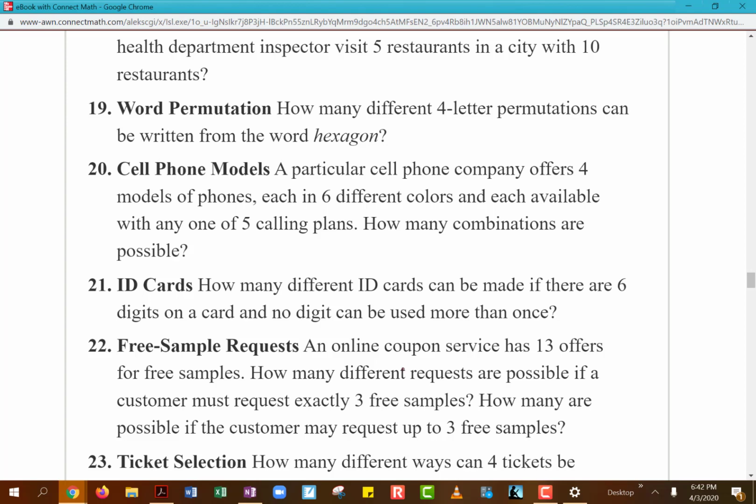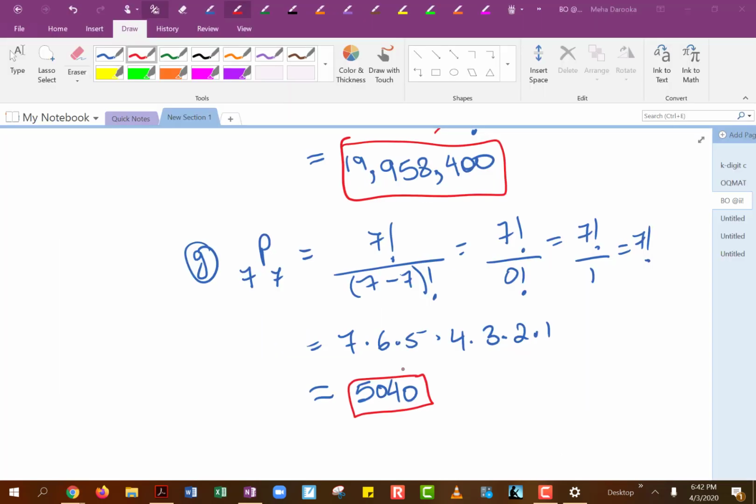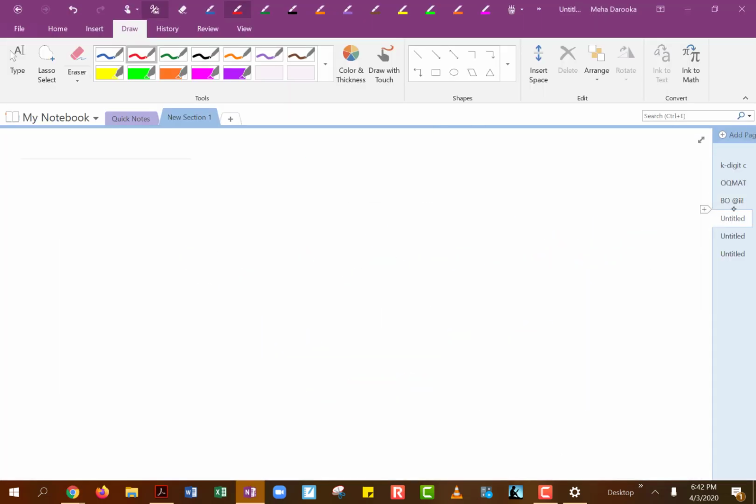So this guy, number 20, is actually an example of using the fundamental counting rules. So what you would do here for number 20 is basically we have 4 different types of phones, and they told us there were 6 different colors, right?